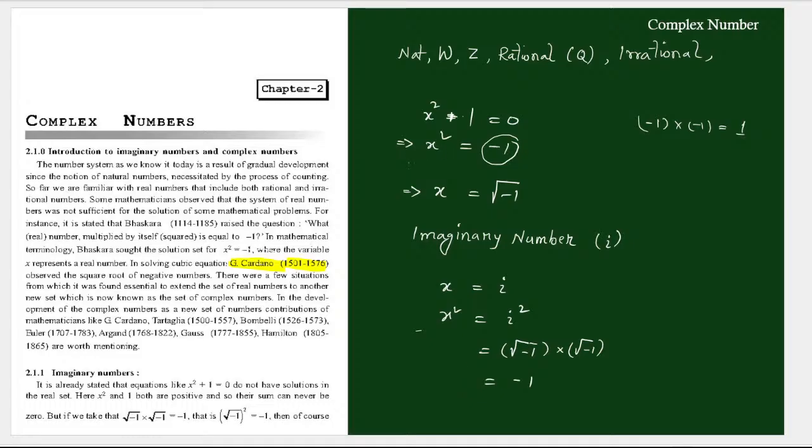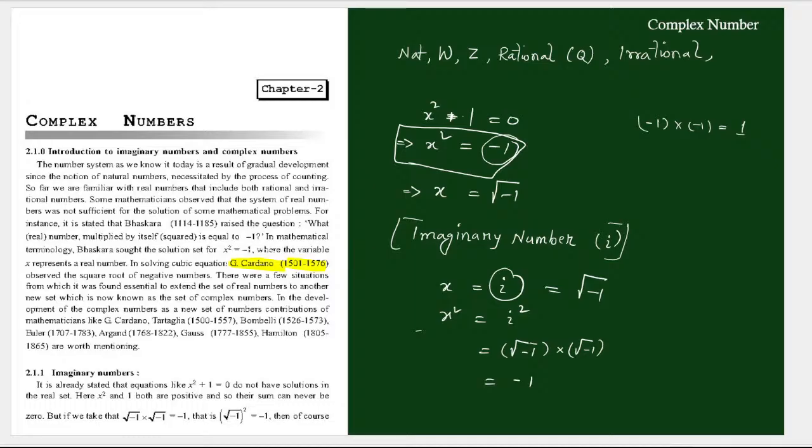Then we came across this one, x square equal to minus 1. So this i, which is nothing but root over minus 1, is your imaginary number. They just give it the name imaginary.